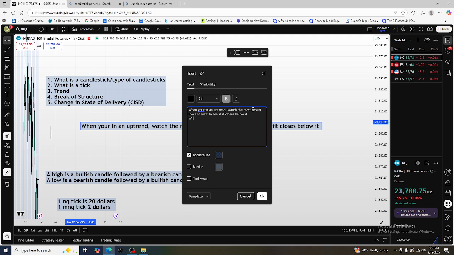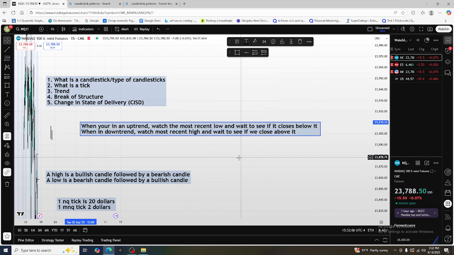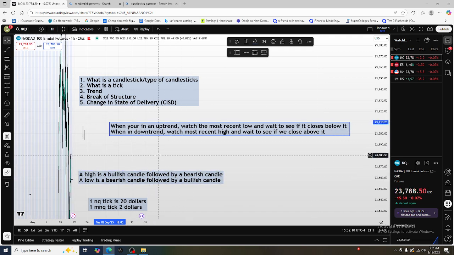Downtrend's the opposite. When in a downtrend, watch the most recent high and wait to see if we close above. This is for break of structure, right?